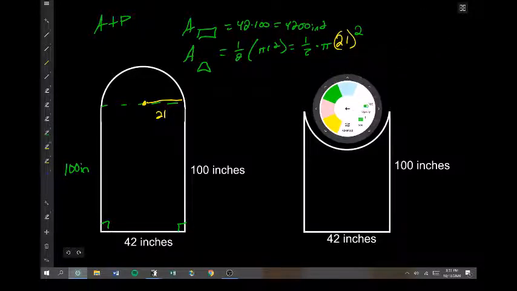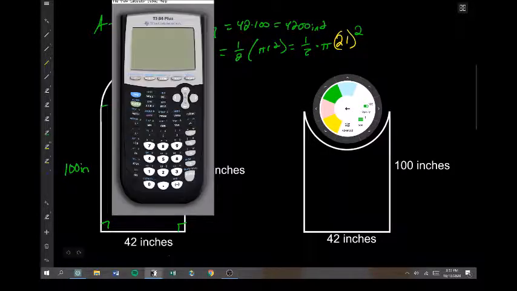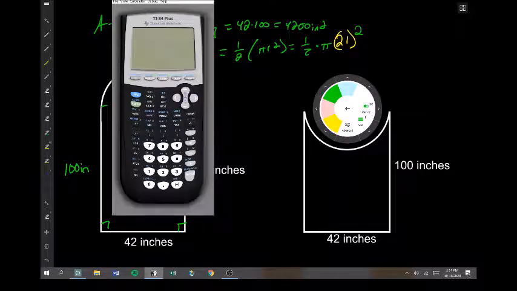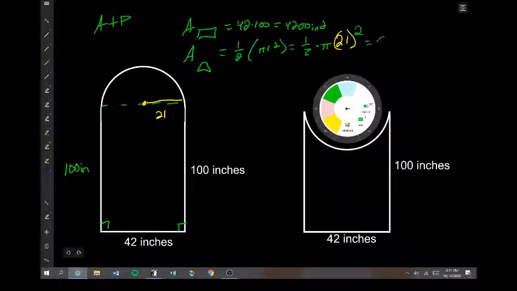Well, 1/2 times pi times 21 squared, I'll just do it in my calculator. Here's my calculator. It's pretty great, except when it doesn't work. Let's try it again. .5 times pi times 21 squared is 692.7 inches squared.